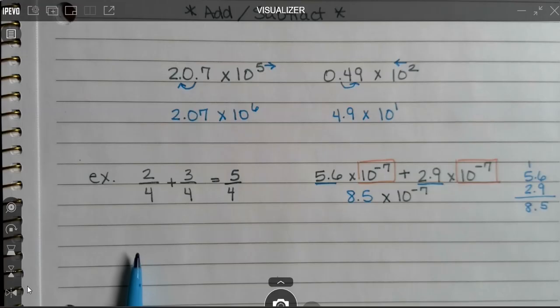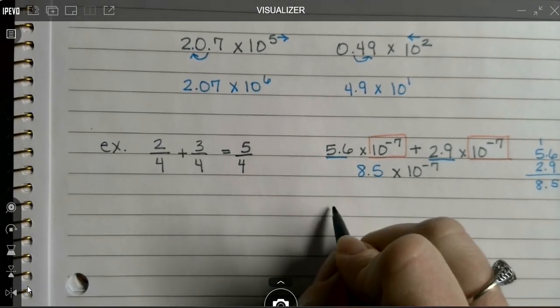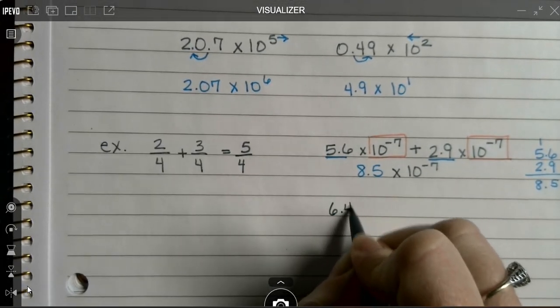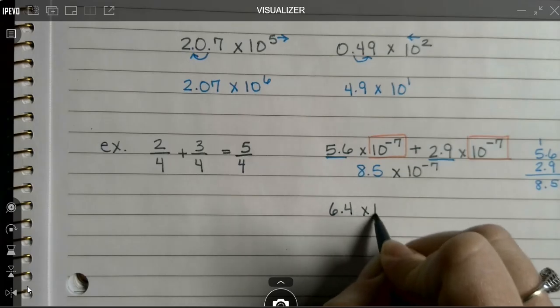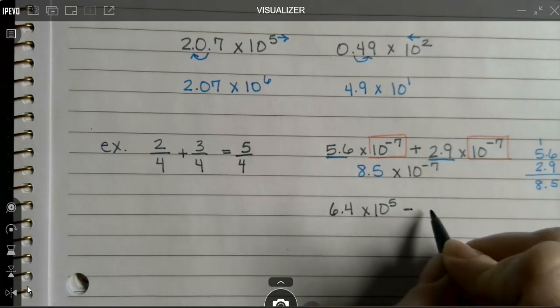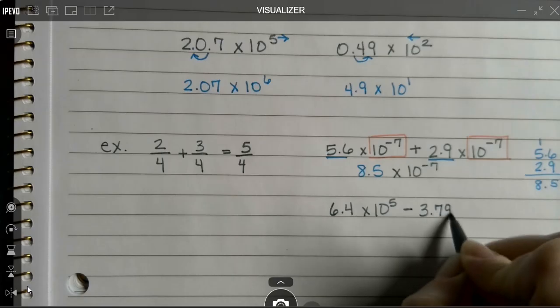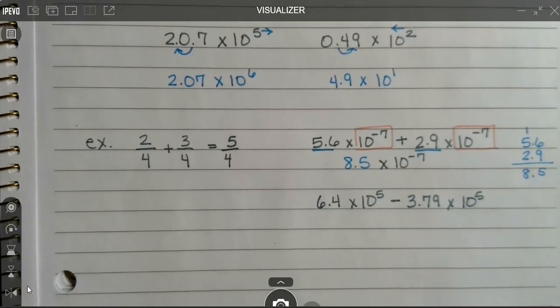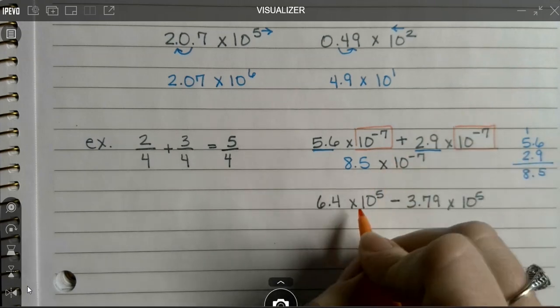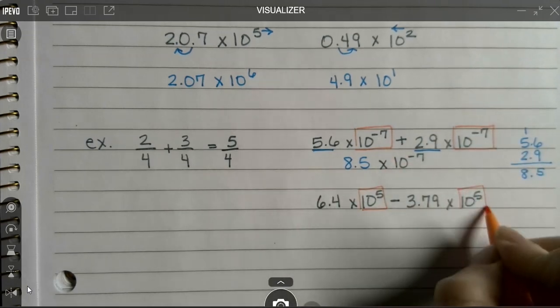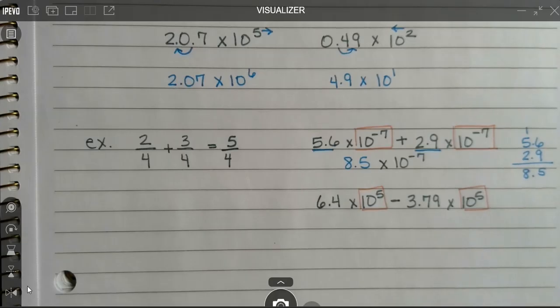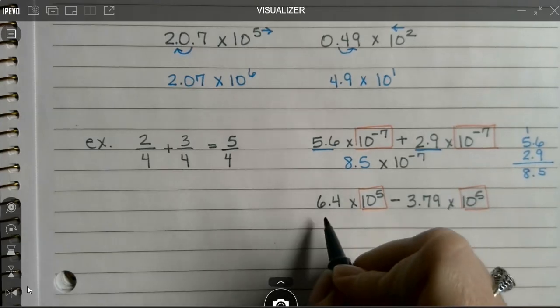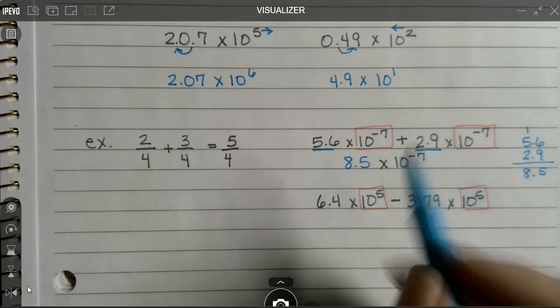It's the same for subtraction. So let's do a subtraction problem. We have 6.4 times 10 to the 5th minus 3.79 times 10 to the 5th. Again, our powers of 10 are already the same. We have 10 to the 5th and 10 to the 5th, so we're good to go ahead and just subtract our numbers. So we have 6.4 minus 3.79.